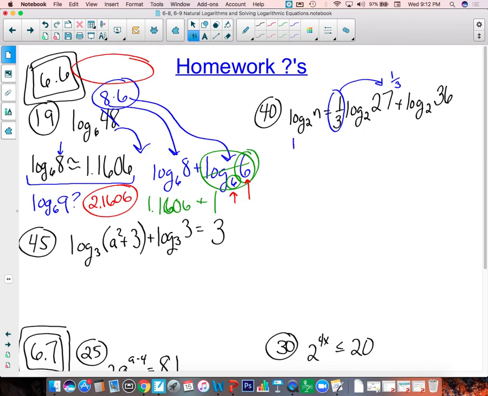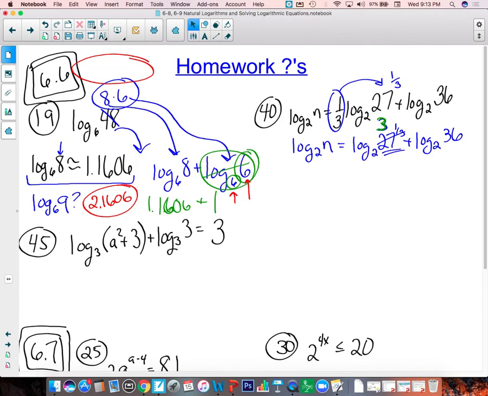All right, so if I rewrote that, I have log base 2 of n equals log 27 to the 1/3 plus log base 2 of 36. That guy right there, that's from last chapter. 1/3 power, that's cube root. So the cube root of 27 is just a 3. Okay? Cube root of 27 is a 3. That's what that 1/3 turns that into.